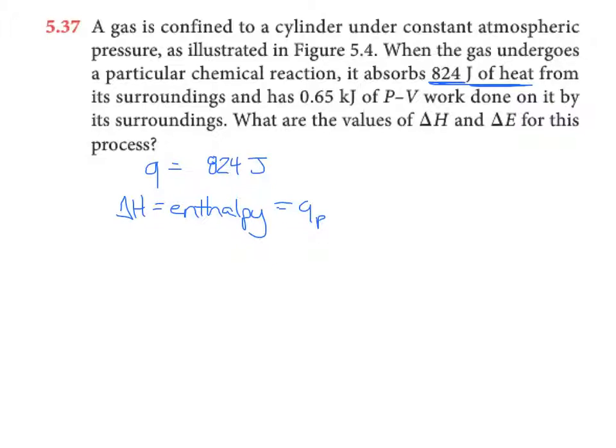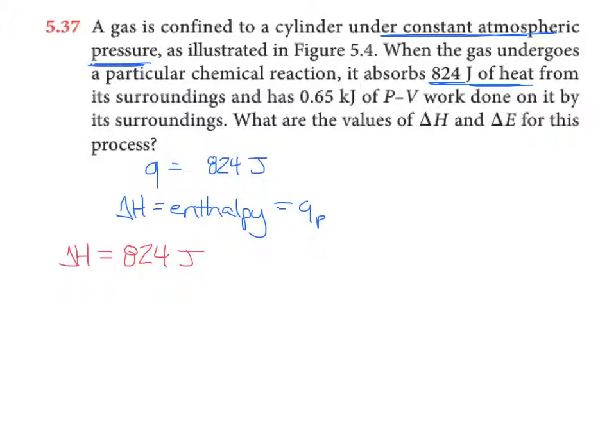And since we know that we are at constant atmospheric pressure, that is a valid assumption to make, that in this case, heat is going to be the same thing as enthalpy. So our value for delta H is going to be equal to 824 joules.